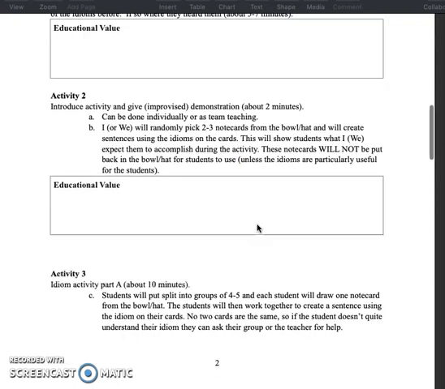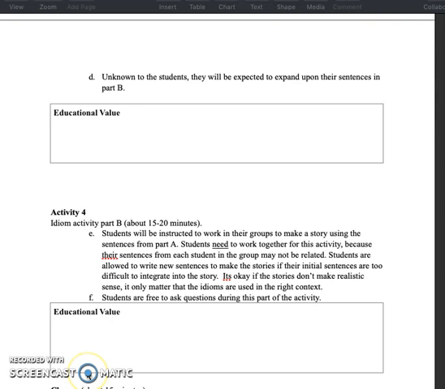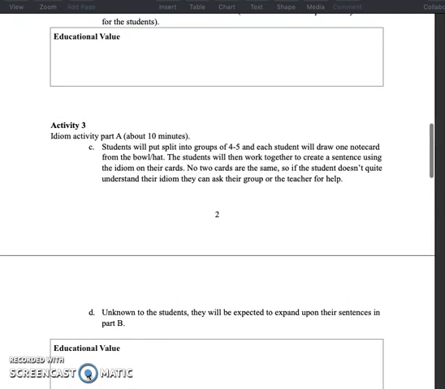And then as far as the activities, I think that the idiom activity part A would best be suited to be the beginning, the first activity. So yeah, this activity 3 should definitely be the first activity.